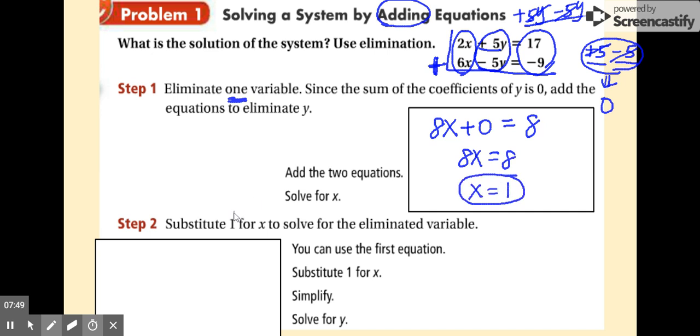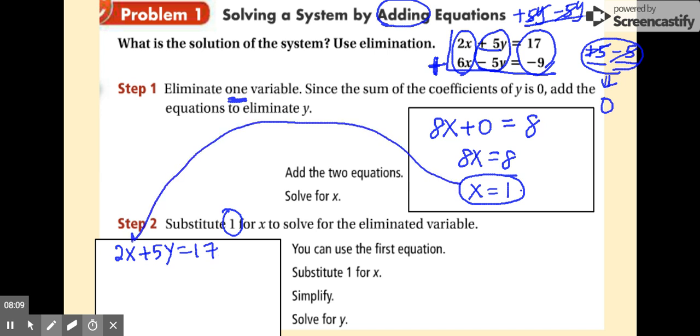So now you need to substitute 1 for x, since we eliminated the variable. Let's plug this into one of the equations. I'm going to choose the first one. And x is equal to 1, so you plug in 2x. So 2 times 1, which is 2.